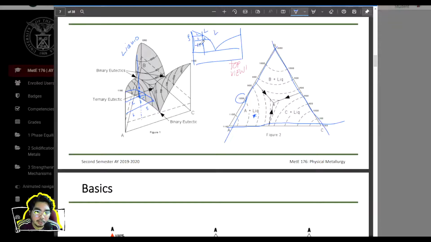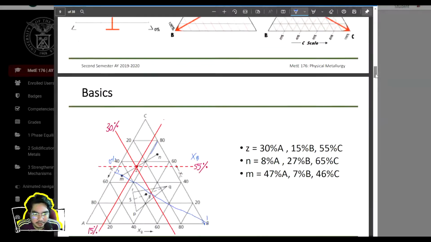Solid, liquid, then solid, liquid, until you arrive at the eutectic point, wherein there is a eutectic transformation, such that liquid transforms directly into, if this is solid 1, solid 2 here. So you have solid 1 plus solid 2. If you reach the eutectic composition, liquid transforms directly into solid 1 plus solid 2. Right? Hopefully, you still remember these things.